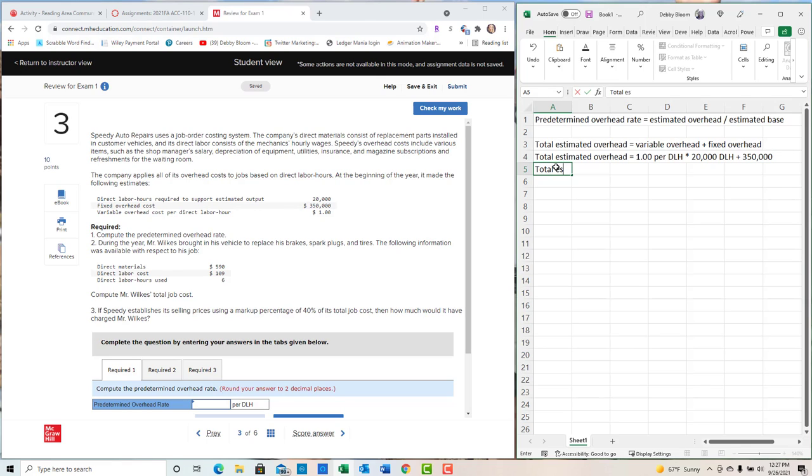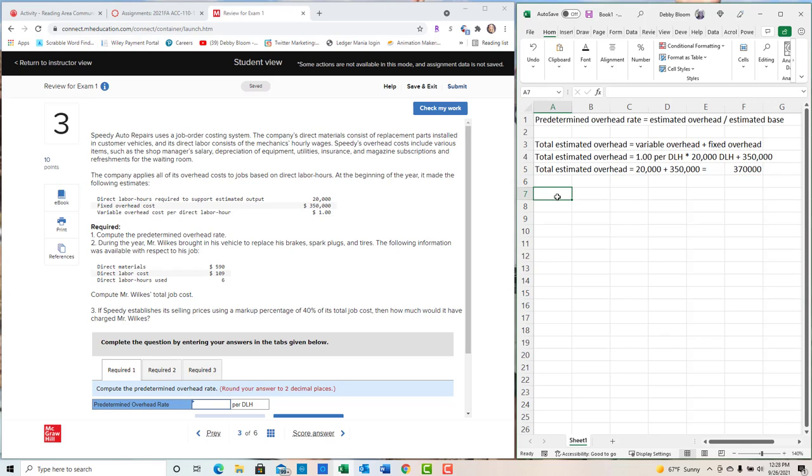So my total estimated overhead, 1 times 20,000 is 20,000, plus 350,000. I'll do the formula in here. I'll calculate 1 times 20,000, and then add 350,000, and notice we get our 370,000.